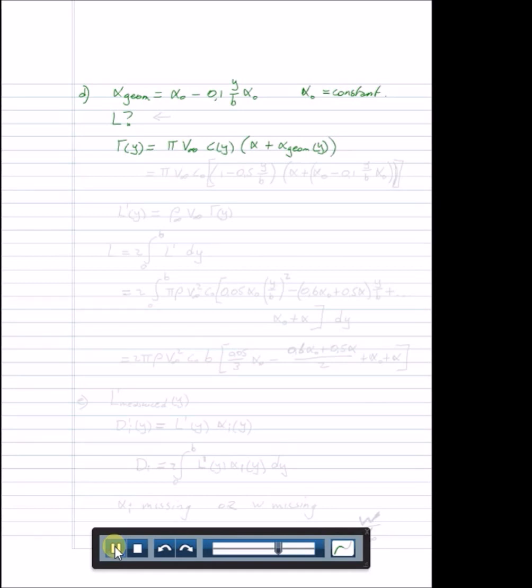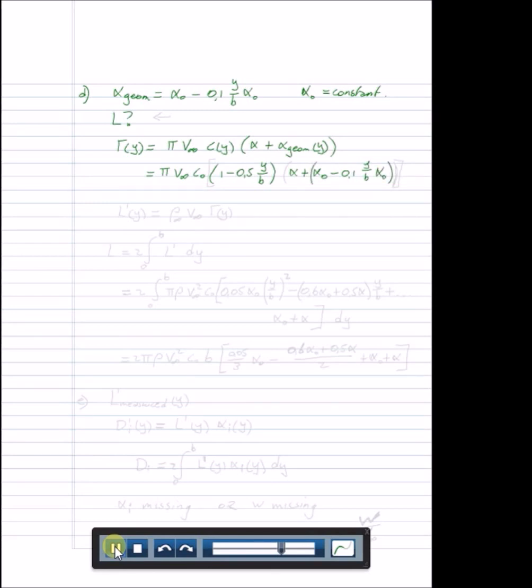So we can substitute the definitions for c as a function of y, so that gives us a c naught times 1 minus 0.5 y divided by b, like that, and we multiply that times alpha plus the expression that we got in this part of the question, alpha naught minus 0.1 y over b alpha naught.